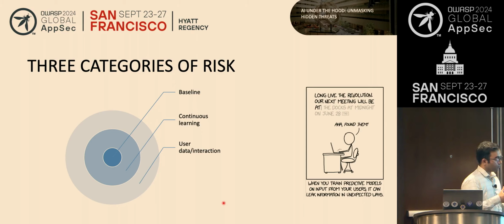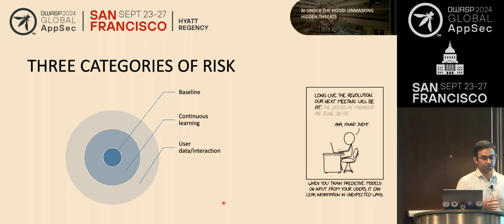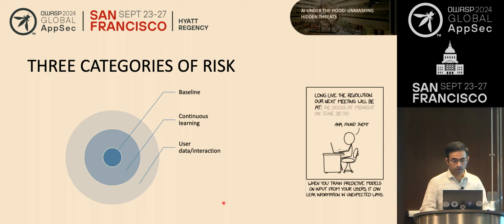Then the third category, based on the application, was user data interaction. If the application involved any user data or user interaction, PII, etc., then on top of the first two types of questions, you will also need to answer the user data interaction questions.